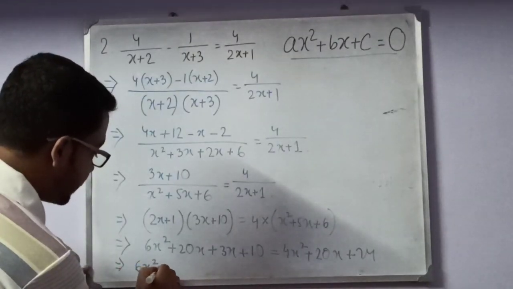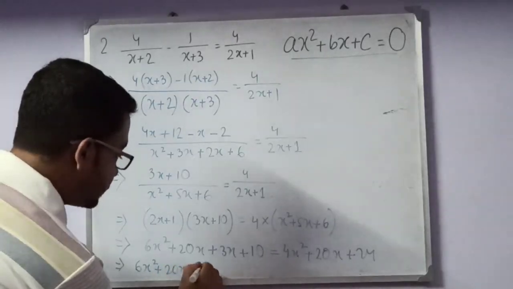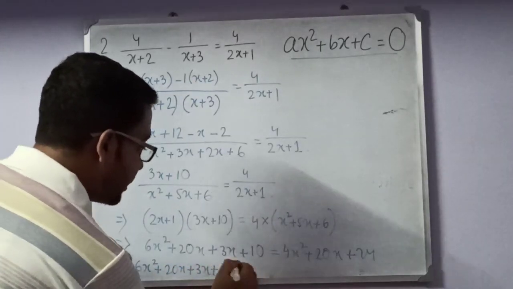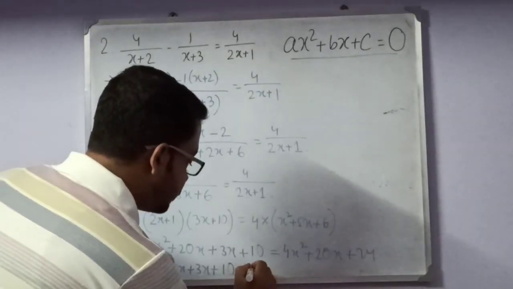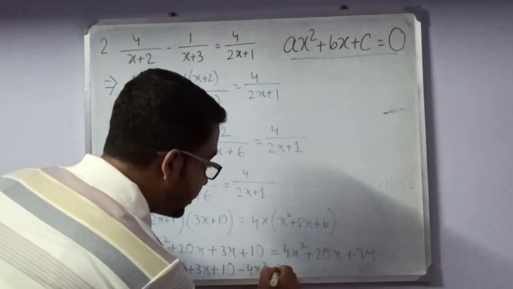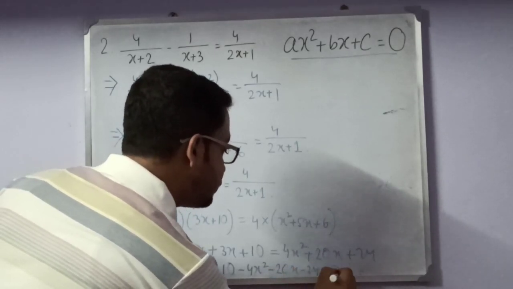6x² plus 20x plus 3x plus 10, and this portion comes to this side by changing its sign. So we write minus 4x² minus 20x minus 24 is equal to 0.